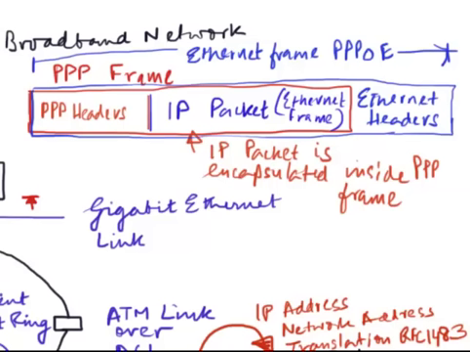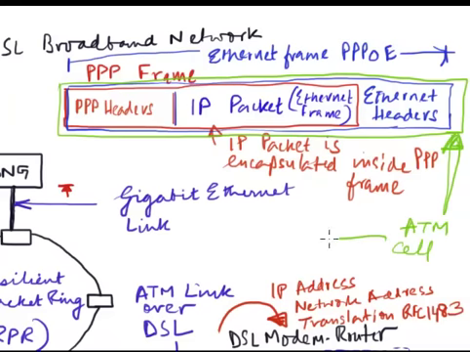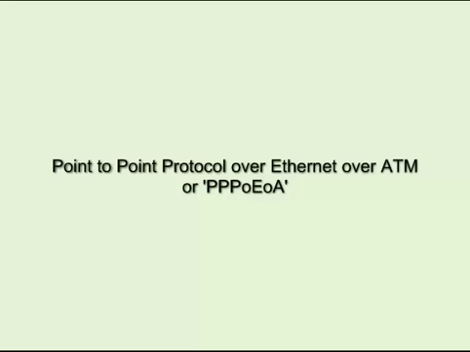PPP frames are in turn encapsulated by Ethernet frames, and the Ethernet frames are encoded into ATM cells for transmission between the DSL modem router and DSLAM. This is designated by point-to-point protocol over Ethernet over ATM, or PPPoE/OA.